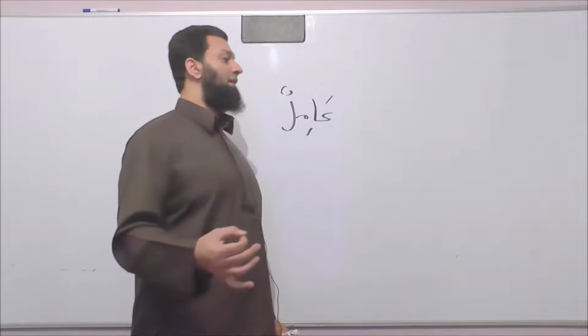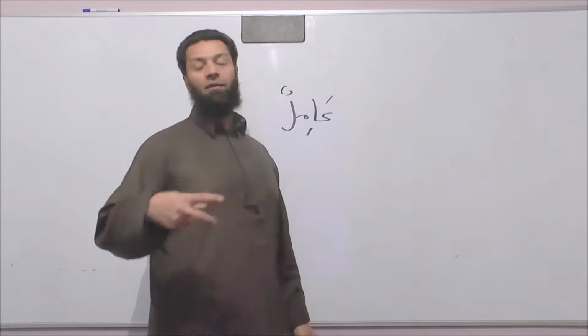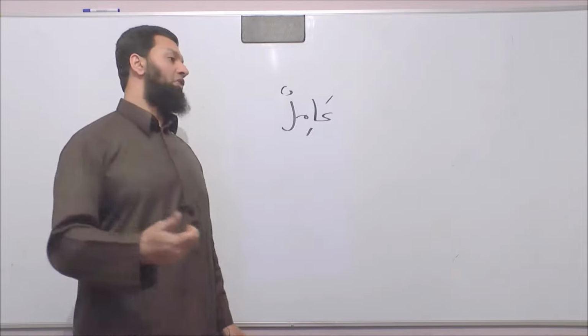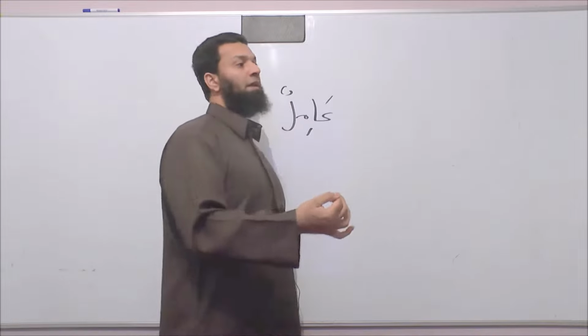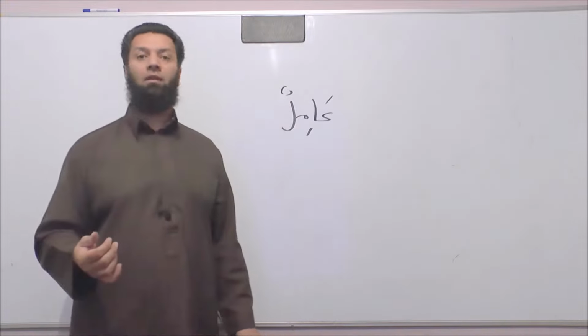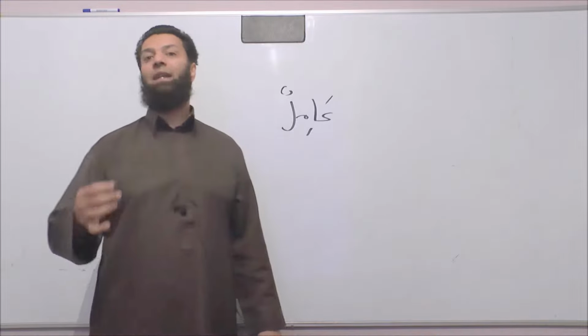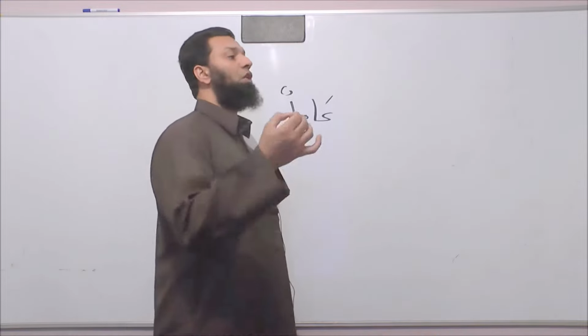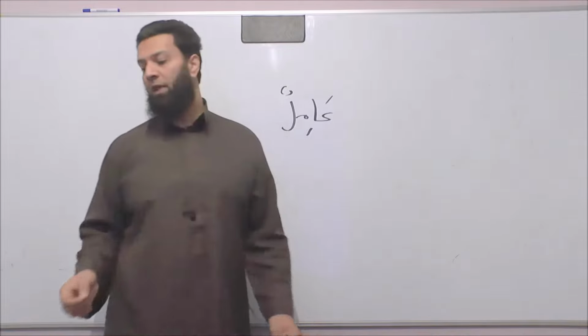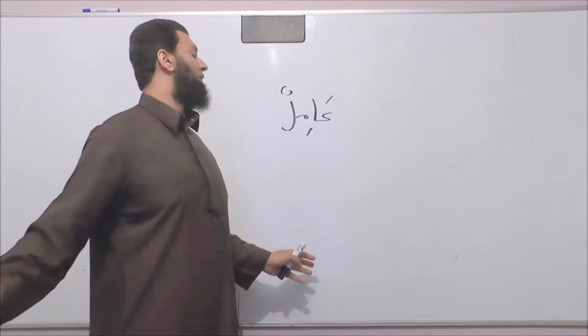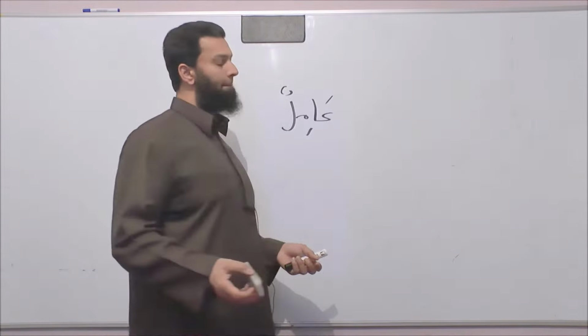And if we have a fi'lun such as yaktubu, which is affected by a negation such as a harfu nafyin lam, it becomes yaktub with a sukoon. So that's something that we've mentioned in our previous lessons.